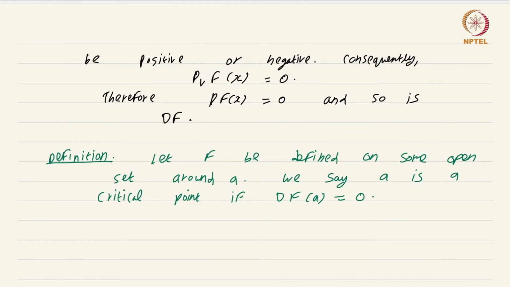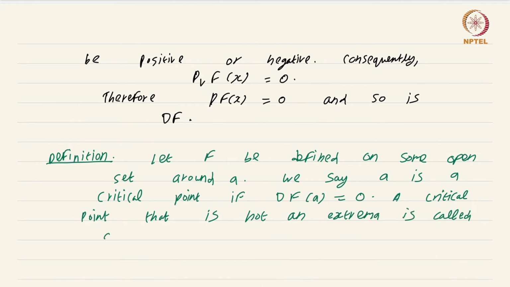A critical point that is not an extrema, that is neither a local maximum or a local minimum, is called a saddle point.